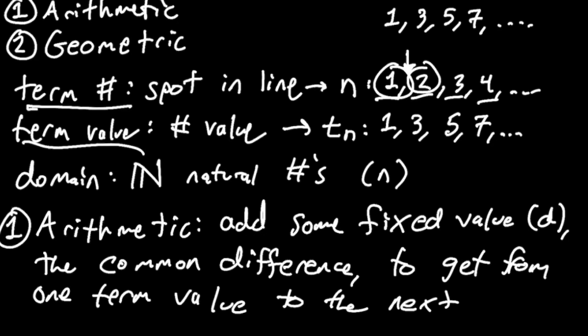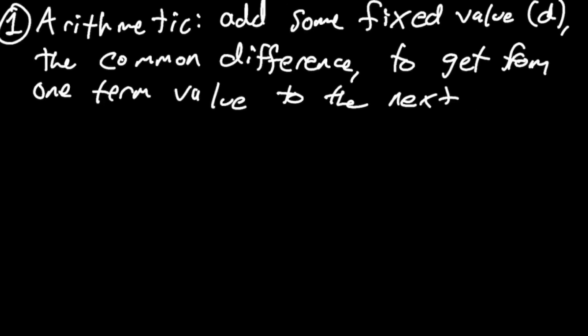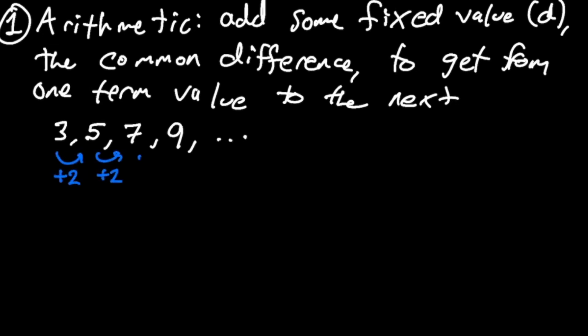So what this looks like is if we start off with 3, our next value is 5, 7, 9, and so on. Here we have an arithmetic sequence because to get from one term value to the next, we are adding a fixed value, and that value is 2. We add 2 each time to get from one term value to the next term value.